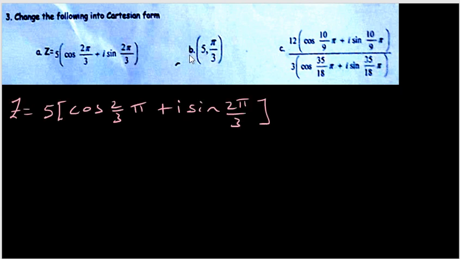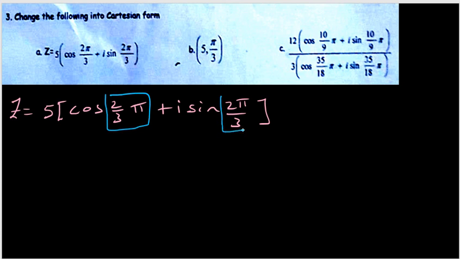Next question: change the following into Cartesian form. This time we need to find the trigonometric value of the given angle. When you look at the angle, the theta here is 2 over 3 pi.